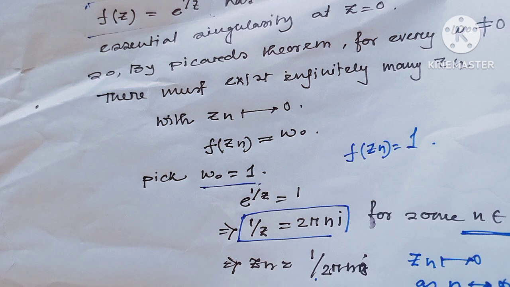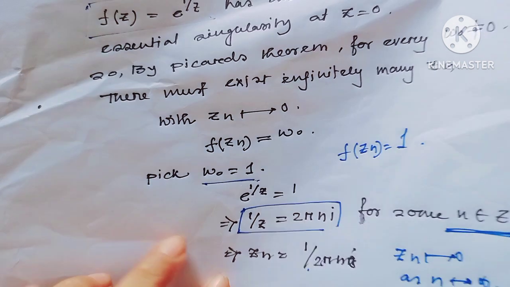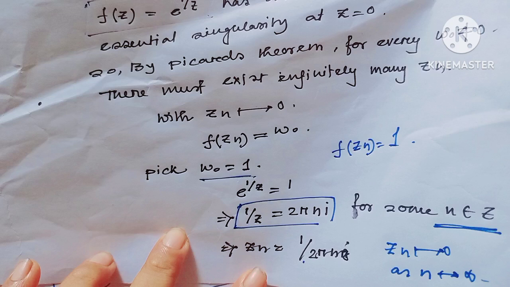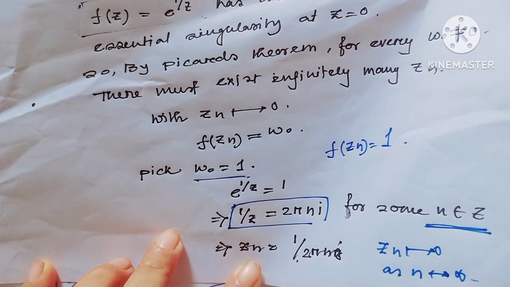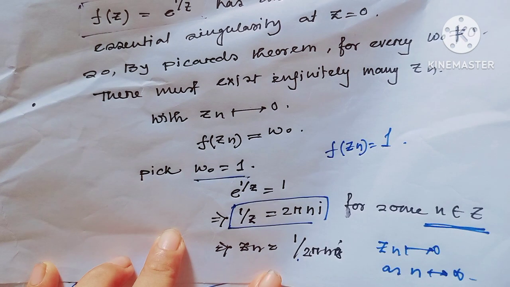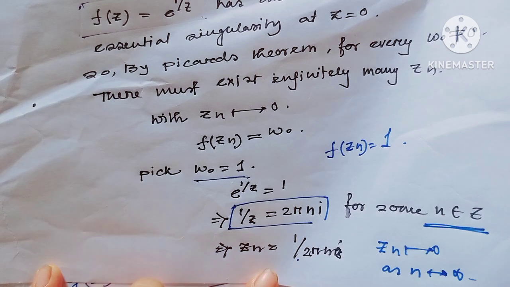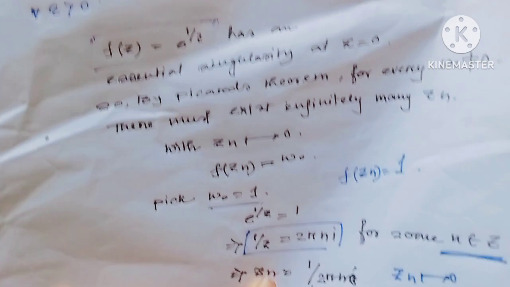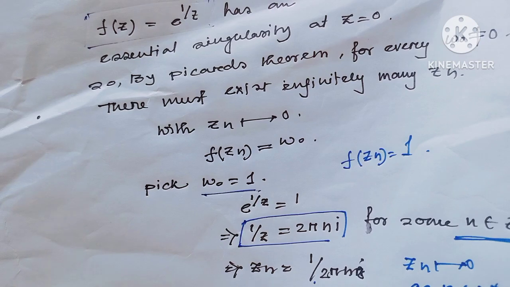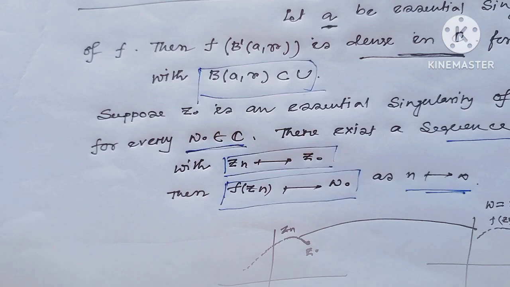Actually, there are infinitely many sequences, since this function has an essential singularity at z = 0, such that z_n goes to 0 implies f(z_n) goes to w0. Here w0 = 1. I hope all my viewers have understood this clearly. Okay, I will stop here.